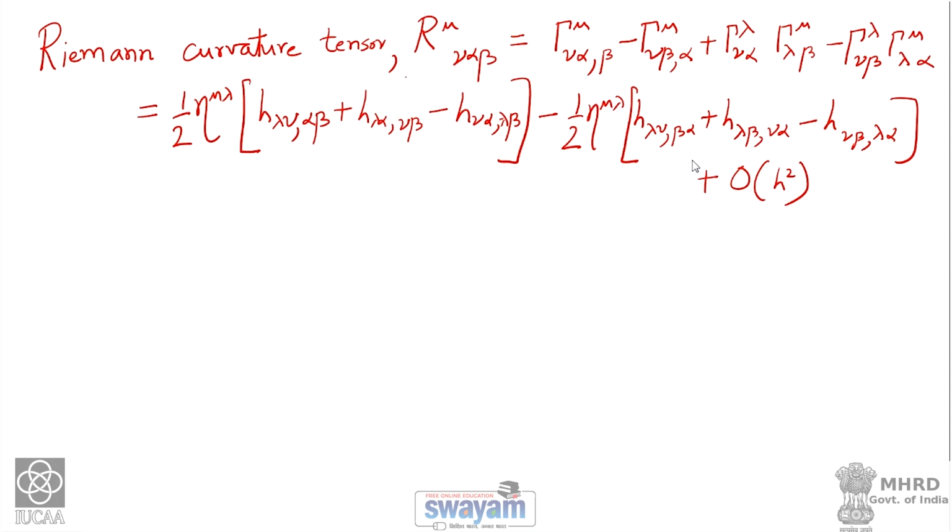So, now I can take half eta mu lambda common, and get all the expressions within a single bracket. It does not matter because h mu nu is symmetric.